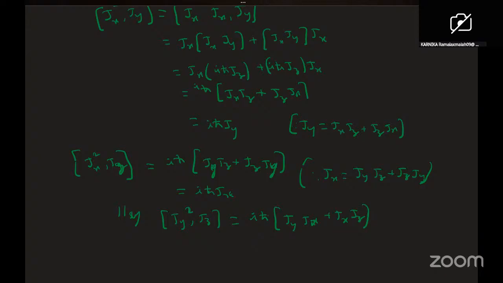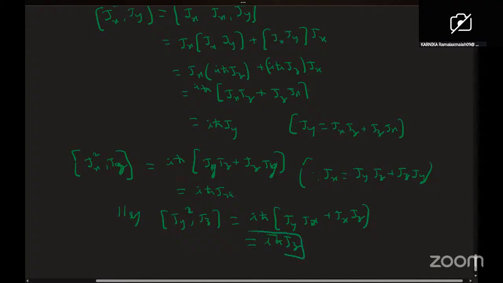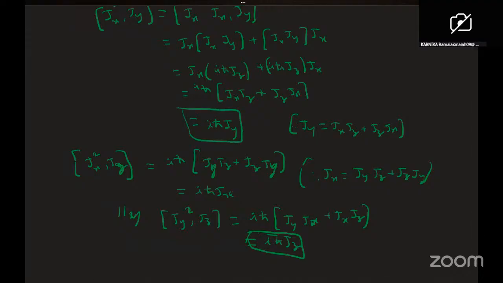Okay. This is also you write this: iħ Jz. Understood? So this is the equation. Clear? This is also here equation. Here is also this equation. Clear? So this is the angular momentum in general J. Okay.